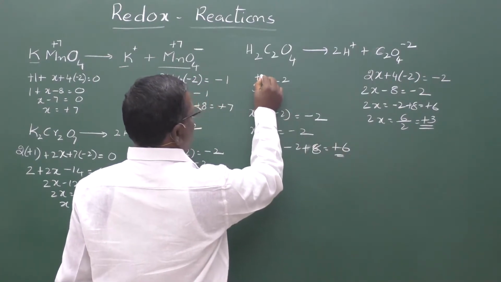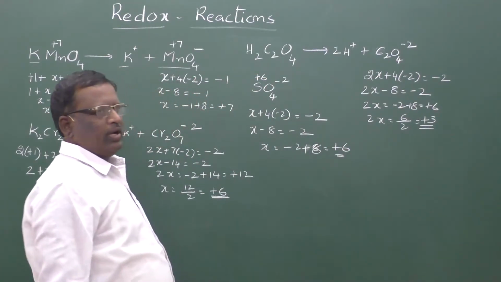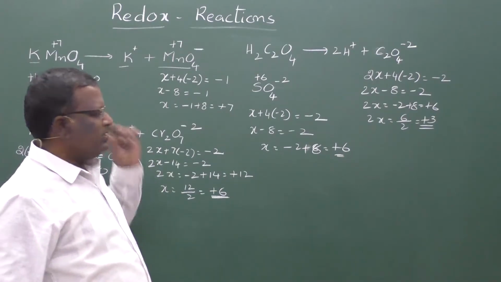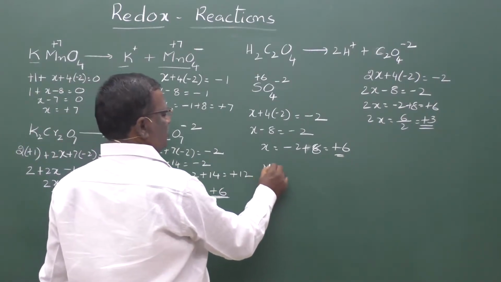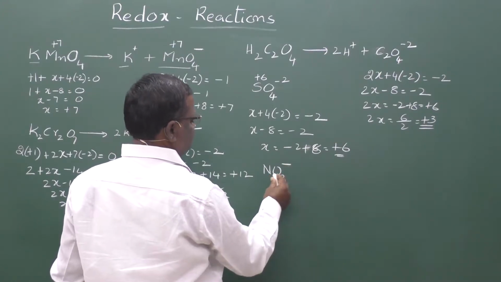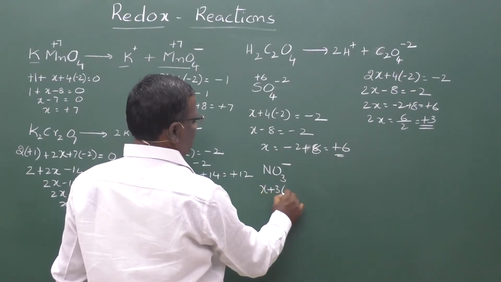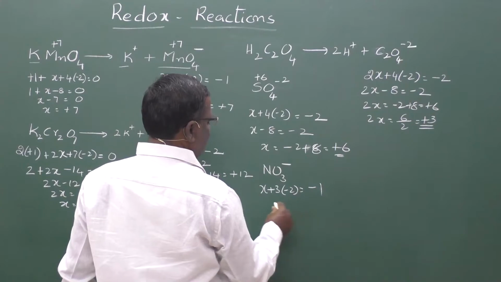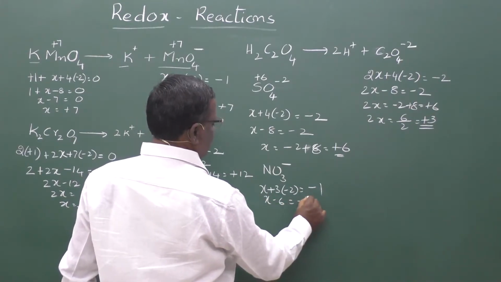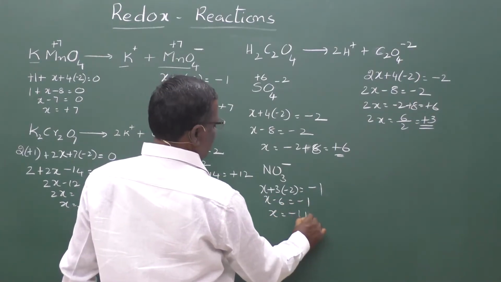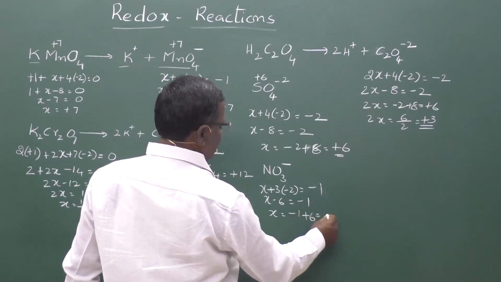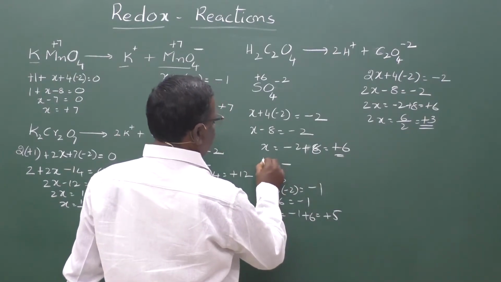So sulfur oxidation state in SO4 2- is +6. Similarly, you can calculate for NO3-. X + 3 into -2 = -1, X - 6 = -1, X = -1 + 6, that is +5.